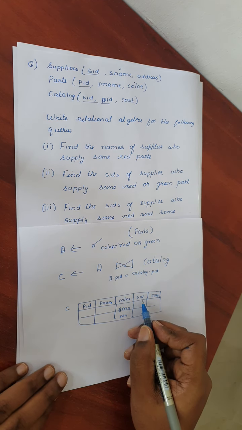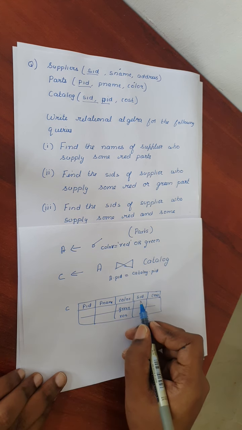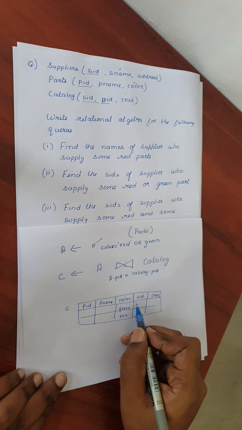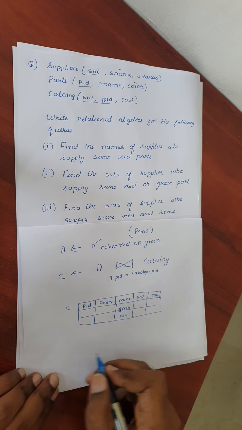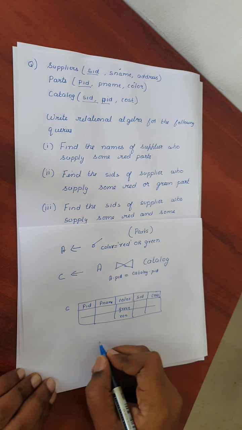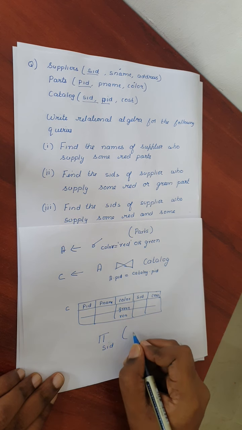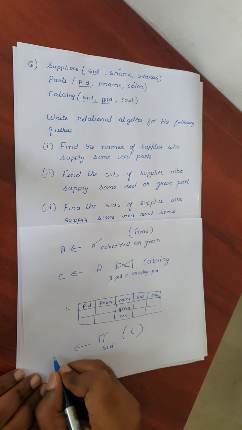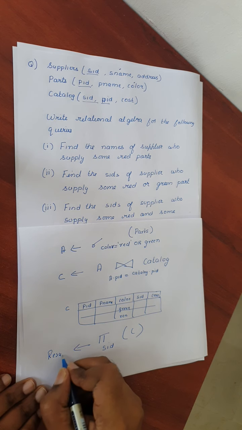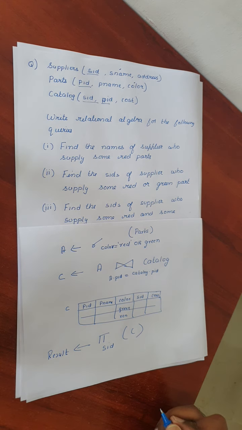This relation contains SID, so this SID can be projected. So our result is pi of SID from C. This will be our result. Clear? So this is the second one.